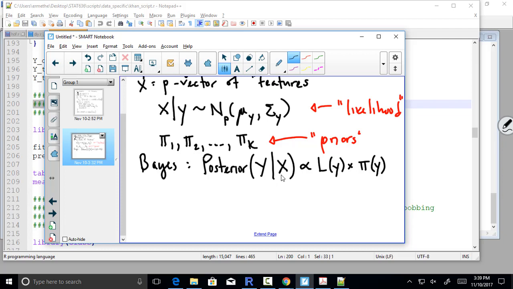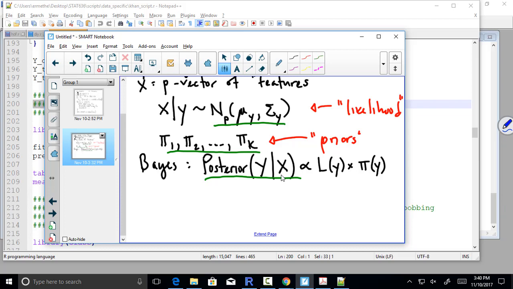That's an optimal classifier called the Bayes classifier. LDA, QDA, and naive Bayes all approximate this. So they say, let's assume multivariate normal. Let's come up with some prior probabilities. Then let's apply Bayes' rule to get posterior probabilities and make our predictions based on that.